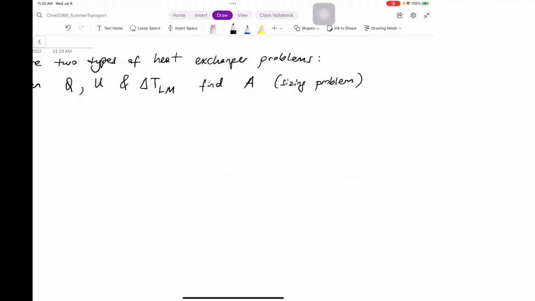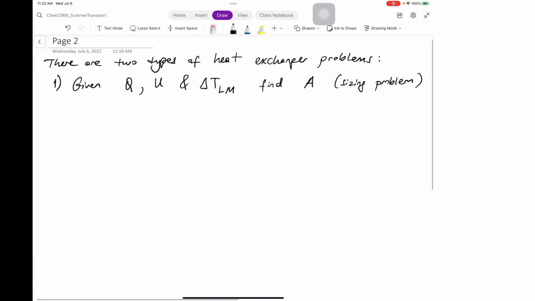You basically calculate how large your heat exchanger must be by calculating what should be the surface area of the piping. And this is an easy problem. You just use the formula Q equals U times A times delta T log mean, and you just solve for A, right?